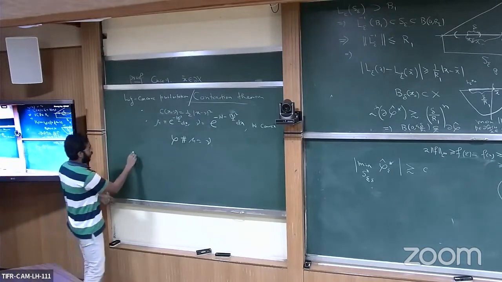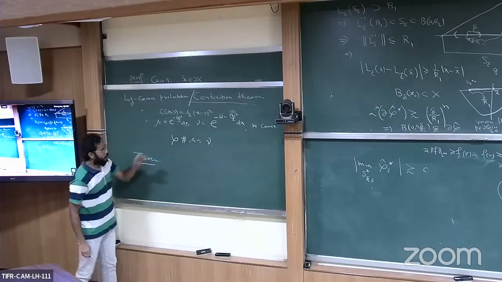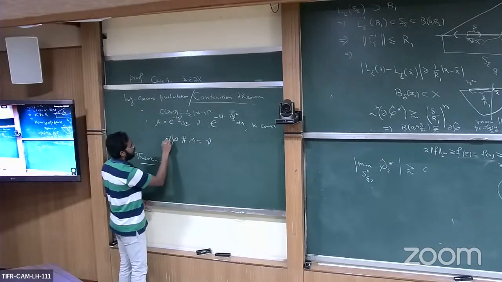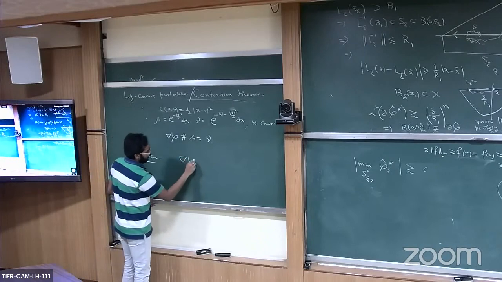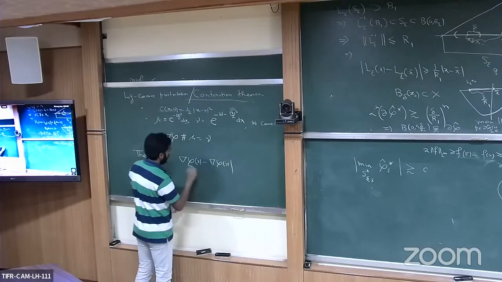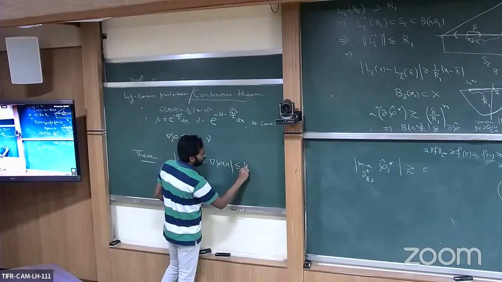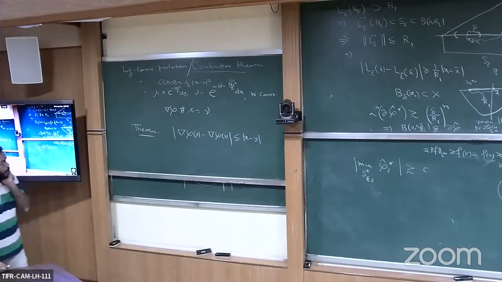Okay. So under this assumption, Caffarelli showed that the Brenier map phi is a contraction. That is, the second derivative of Brenier phi is less than or equal to 1. Okay. So that is incredible.